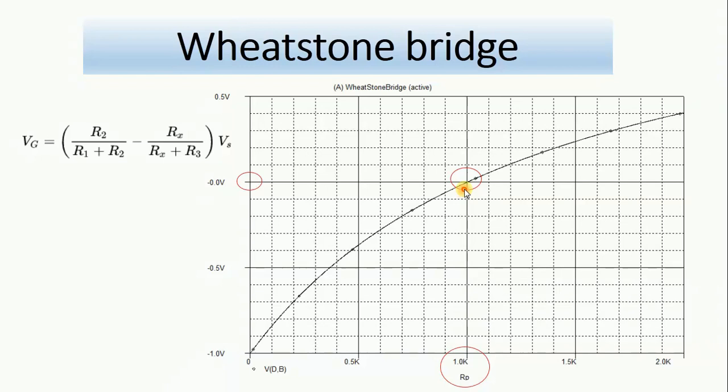And if we deviate a little bit by adjusting this R2, the variable resistance, then we are deviating from the balanced condition and going to an unbalanced condition. You can also see that in this region the curve can be considered a linear curve, and this is one of the advantages of the Wheatstone bridge, that in a certain range it can be considered a linear bridge, which gives us a very good advantage in the measurements.